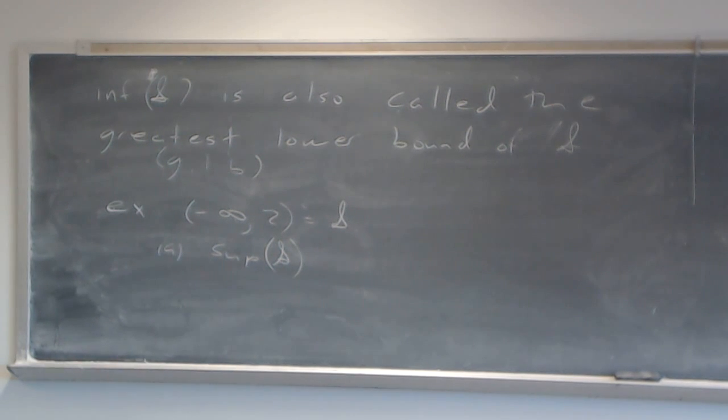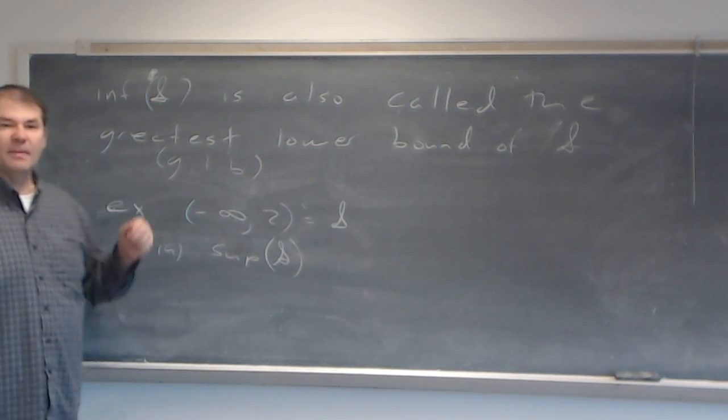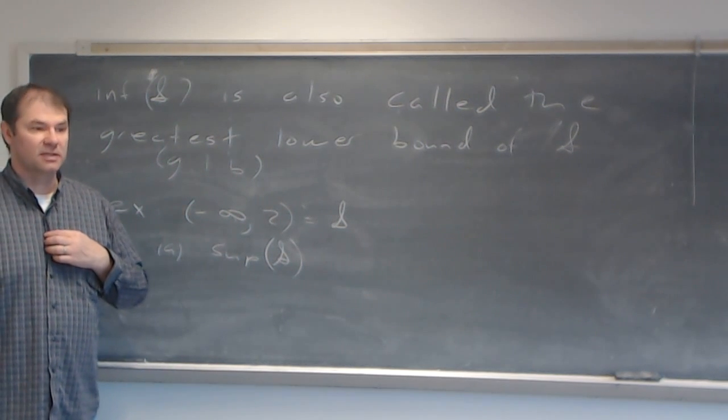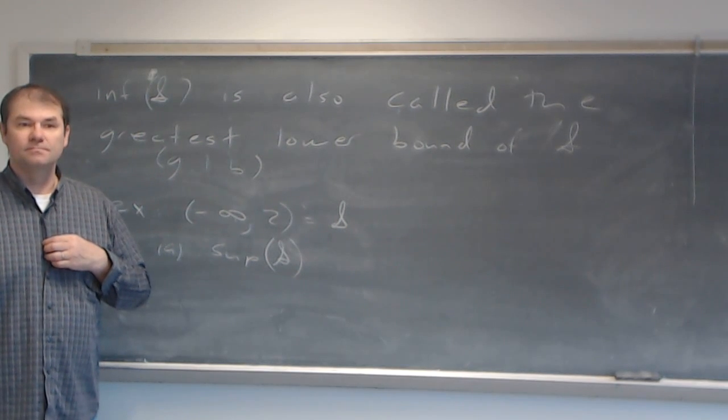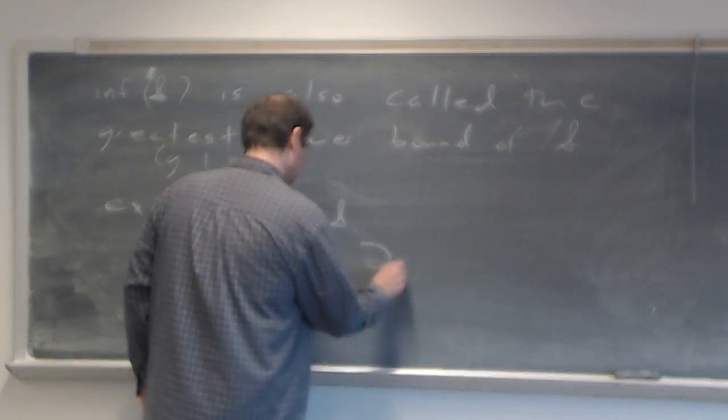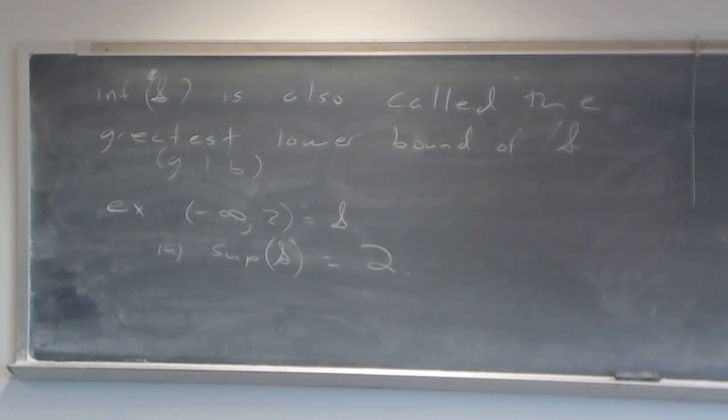Before we answer, let's make sure we understand what's being asked of us. We're looking to see if there is a number out there that is an upper bound, and it's the smallest of all the upper bounds. The answer is yes. What is that? 2. 2 is an upper bound, and if you give me any other upper bound, 2 is less than or equal to it.